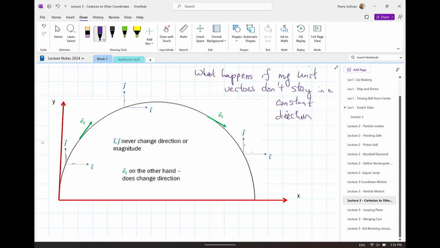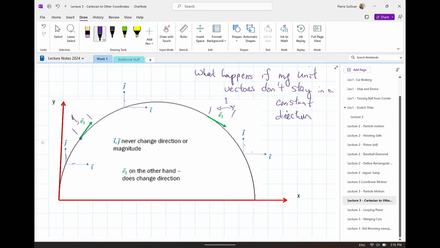With a projectile, you'll have e sub t, the tangential direction, which is going to go up. This still has a magnitude of 1, and this still has a magnitude of 1. However, despite that, it has a change in direction.